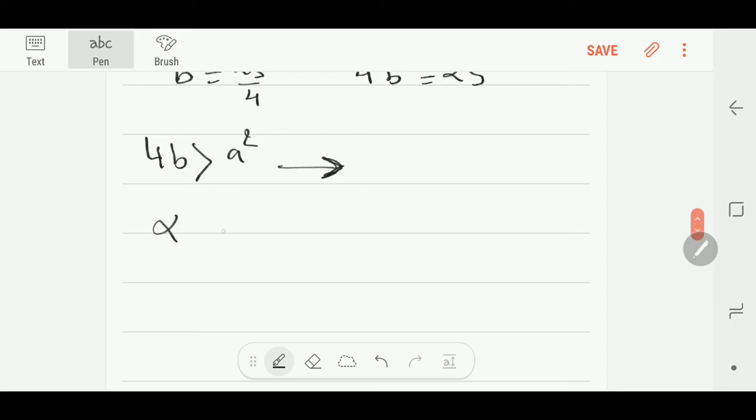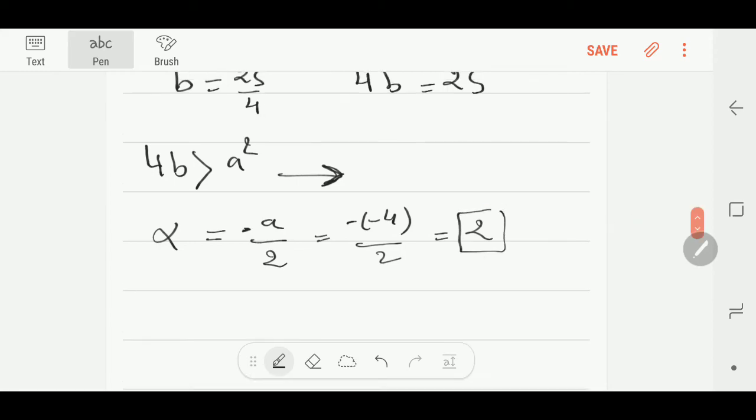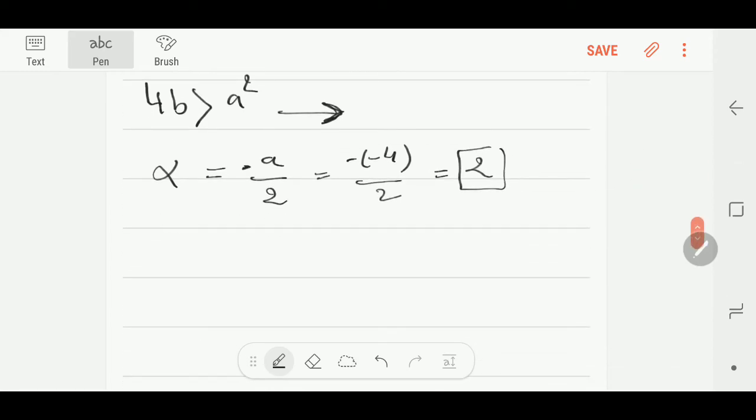Alpha value is basically minus a over 2. It's minus the minus 4 over 2. It's going to be 2. That's our alpha value. And then the beta value is the square root of 4b minus a squared, over 2.